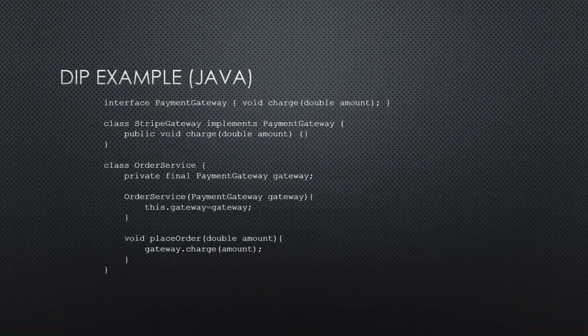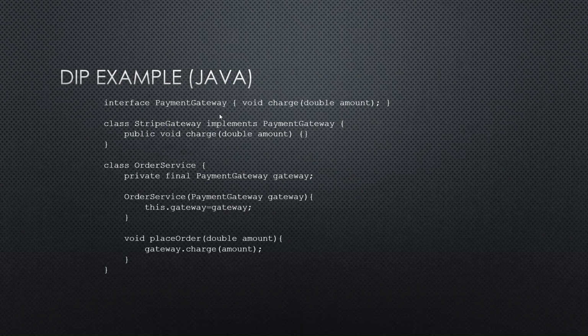So here's an example of the dependency inversion principle. We have an interface called payment gateway, which has an abstract method called charge. And essentially what we're doing is we're relying on this abstraction rather than concrete implementations.